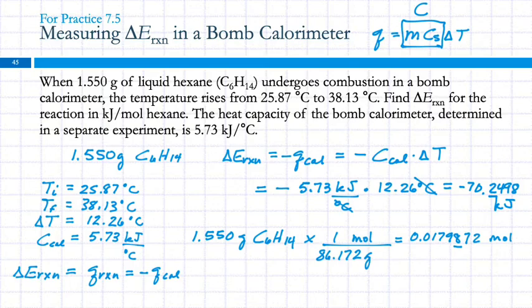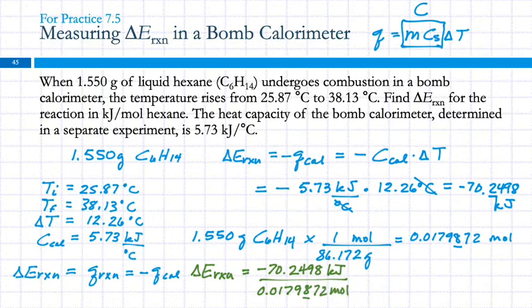You have to think about it and put it together. So delta E for this reaction in kilojoules per mole is negative 70.2498 kilojoules for every 0.0179872 moles.